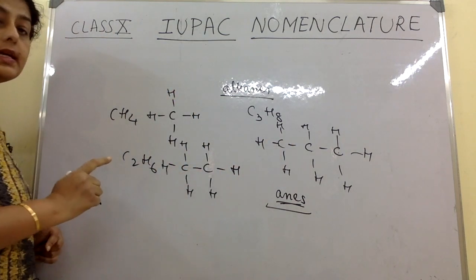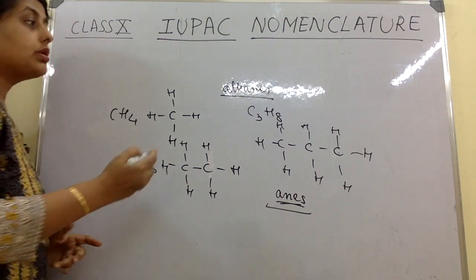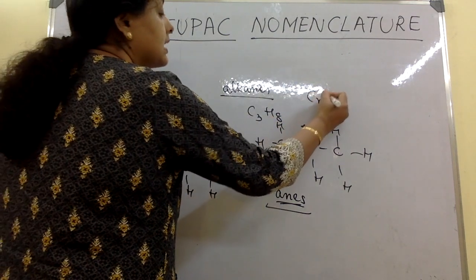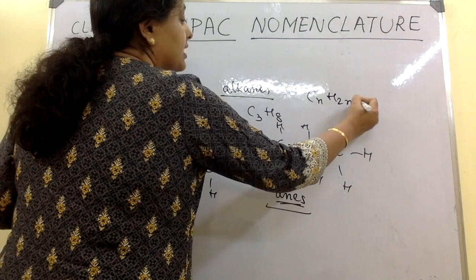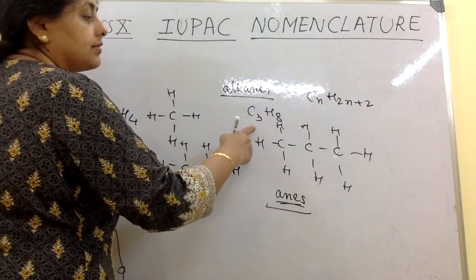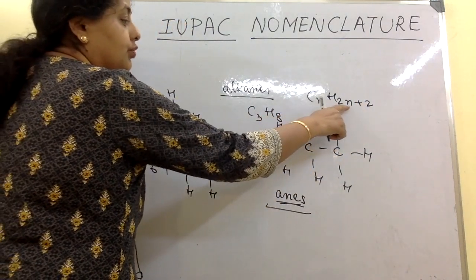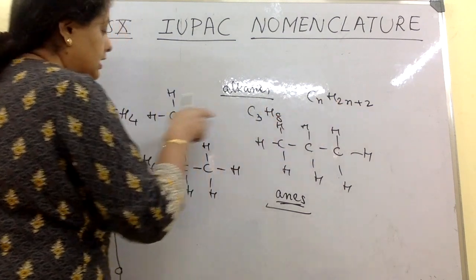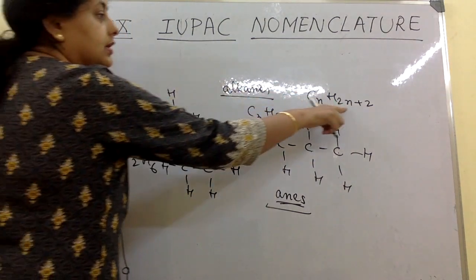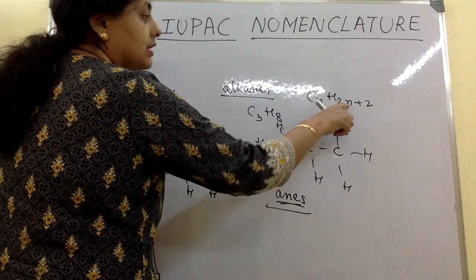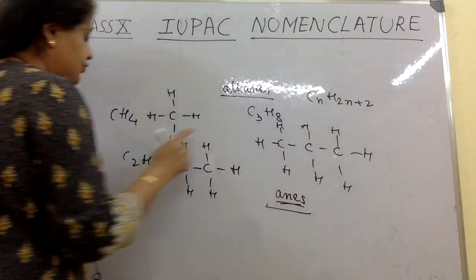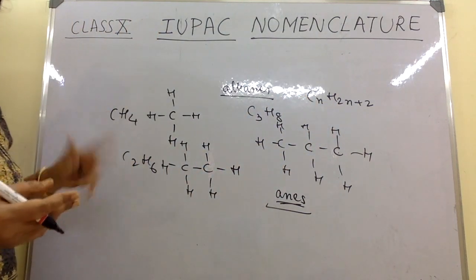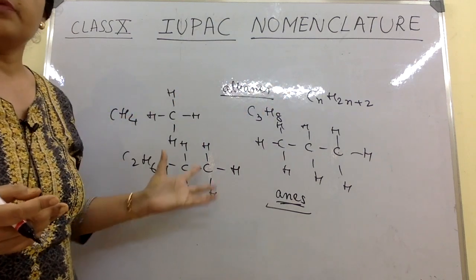Here also people misunderstand. Then it is an alkane. It follows the general formula CnH2n+2. For C3, 2 into 3 is 6, plus 2 is 8, so C3H8. For C1 you put 1, that means CH4, or for C2 you can write C2H6. So this is the general formula for alkanes.